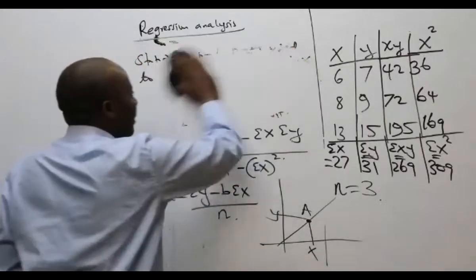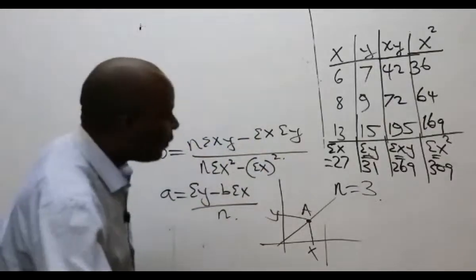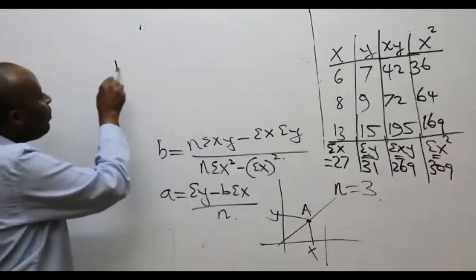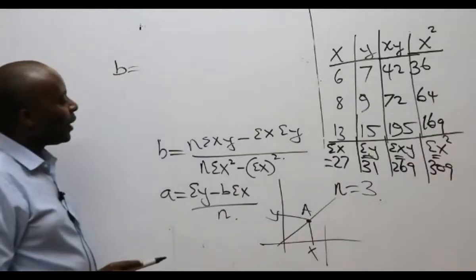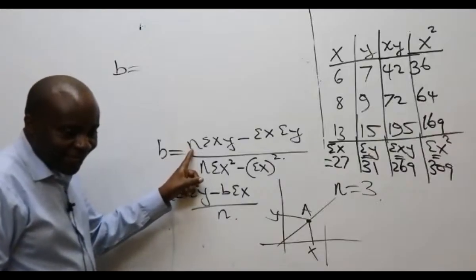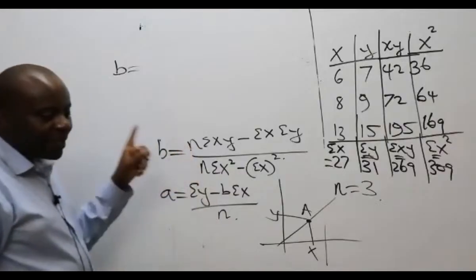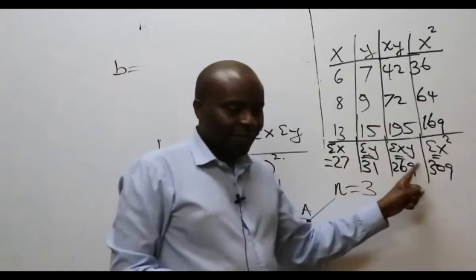Ladies and gentlemen, the next thing now is to plug in the values that we have in the formula. So please come and give me here the value of B. Somebody look at this. They want me to start with n. Oh, Brian tells me to interchange 269 and 309.